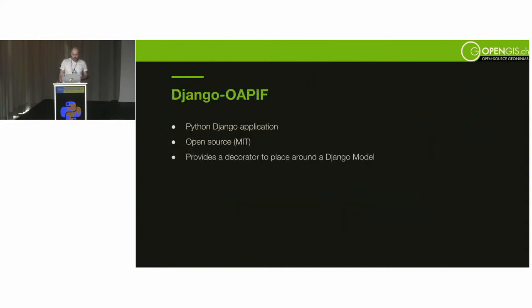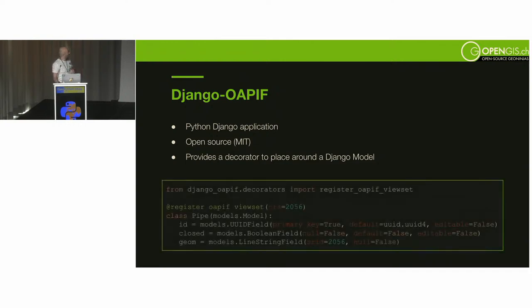So Django OAPIF, as said, is a Python Django application. It's open source under MIT license, and it provides a simple decorator that we put around our models. I take again the small example here of our pipe, and you see that I import the decorator and put it around the model, specifying the CRS.